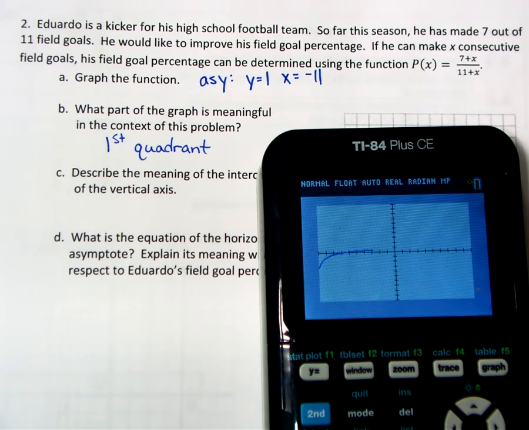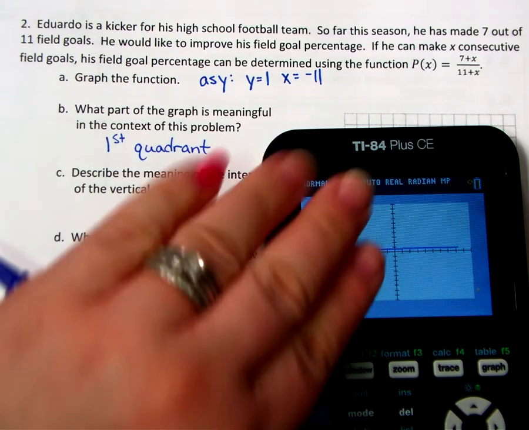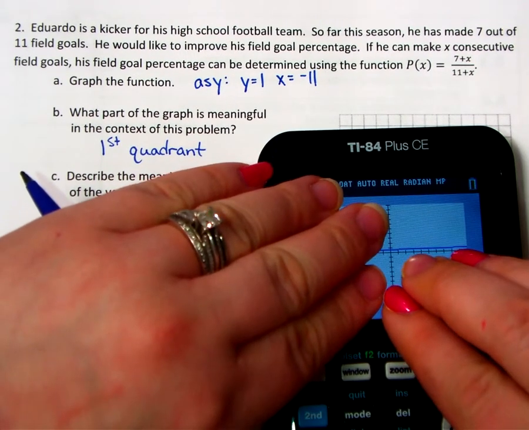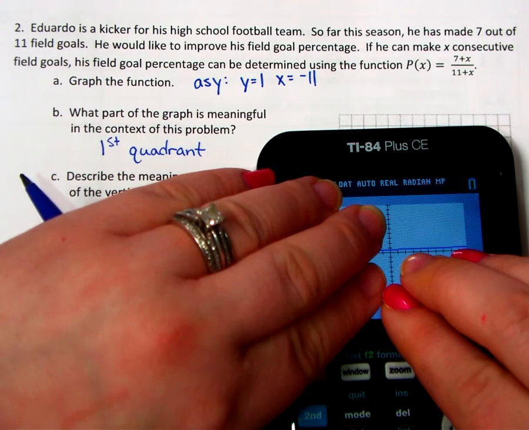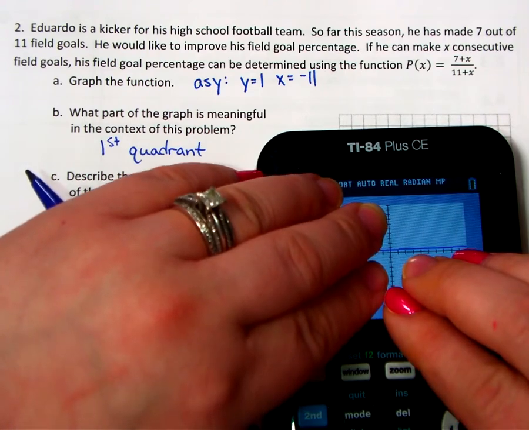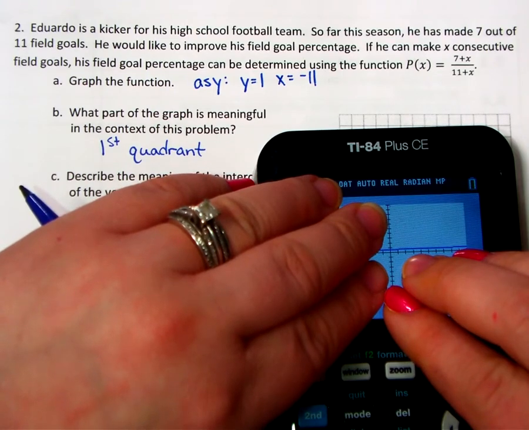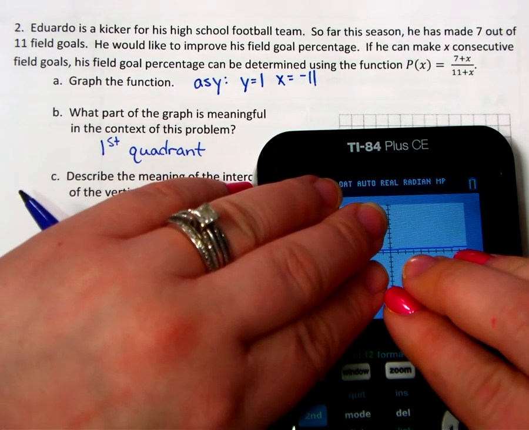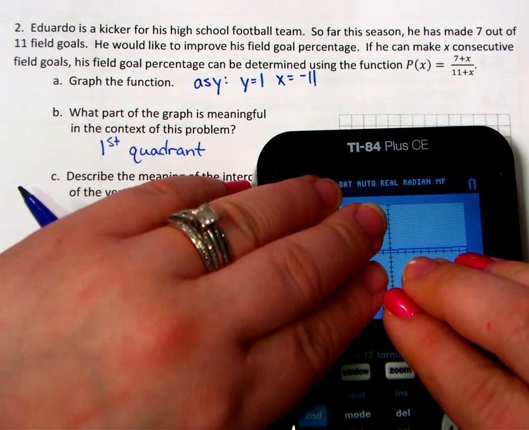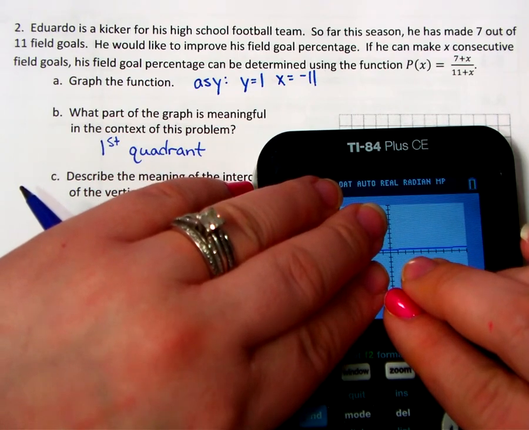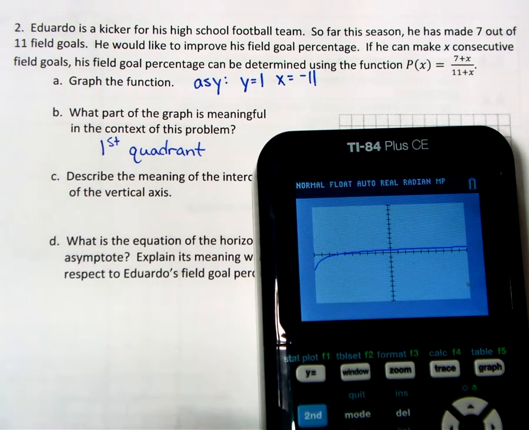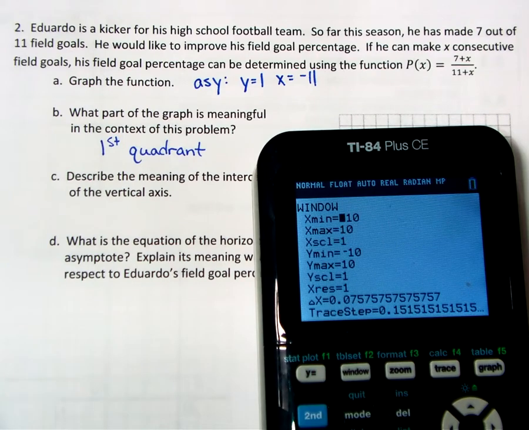Now we've already determined that we're only going to be looking at this first quadrant. And this first quadrant, man, that graph looks awfully low. It might be very challenging for us to graph that in that spot because it's so close to 0. They're all very close together. So I suggest perhaps changing our window so that the y value goes only up to 1.